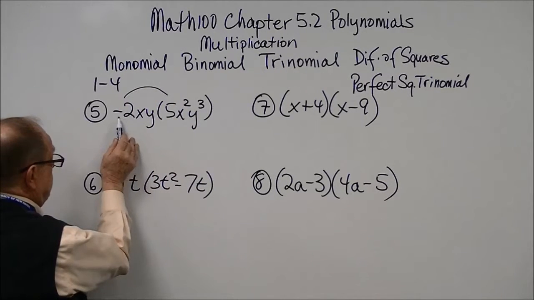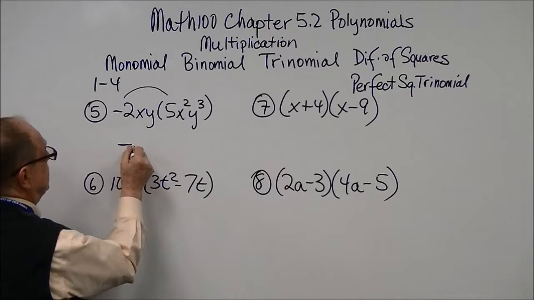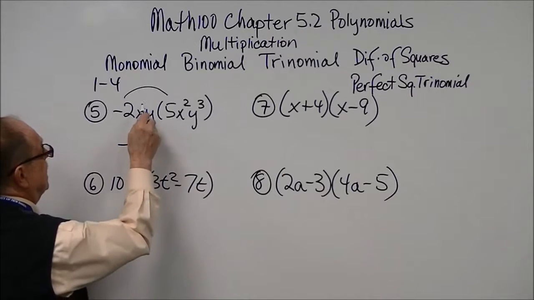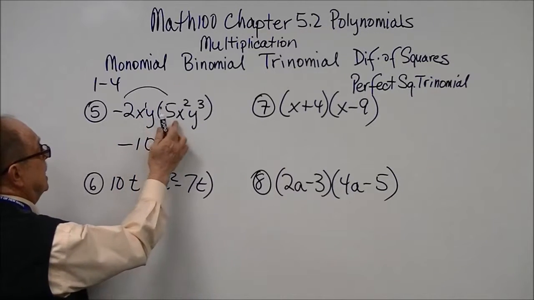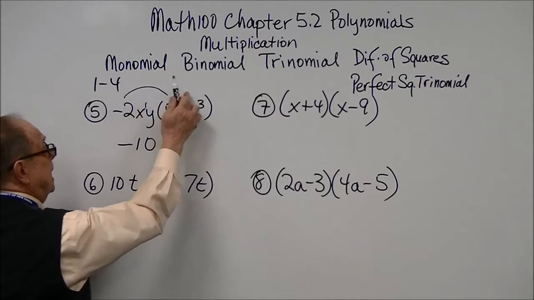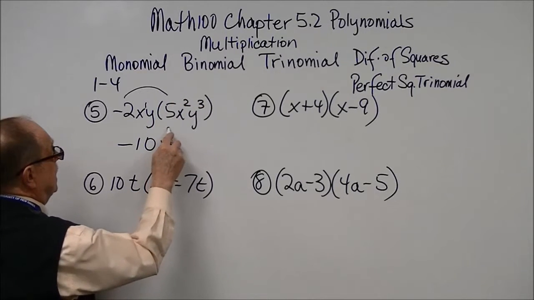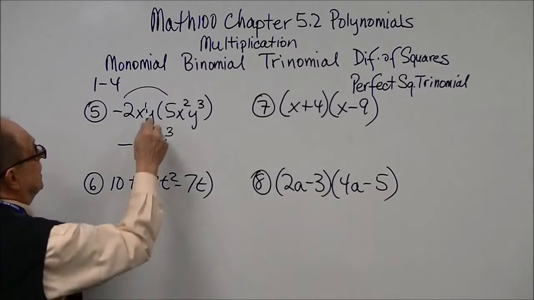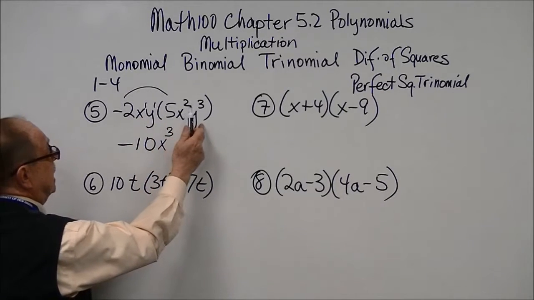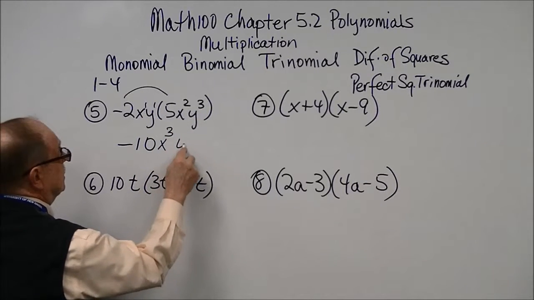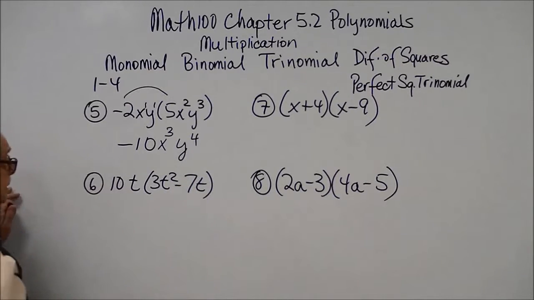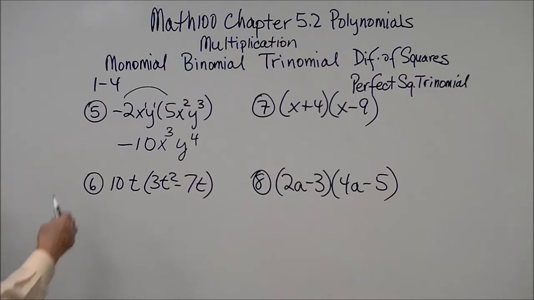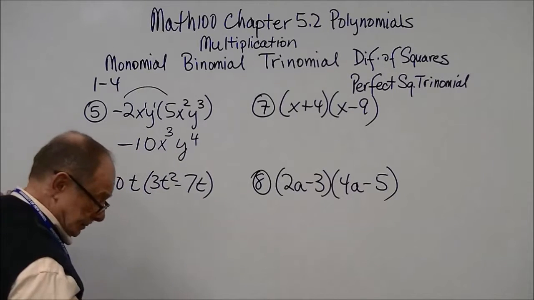Negative 2 times 5 is negative 10. X to the first times x to the second, we just add exponents: x to the third. Y to the first times y to the third is y to the fourth. And then it's always a good idea to check your answer.